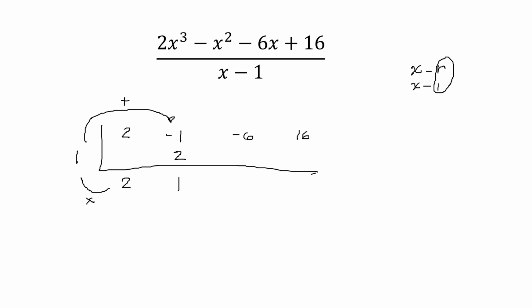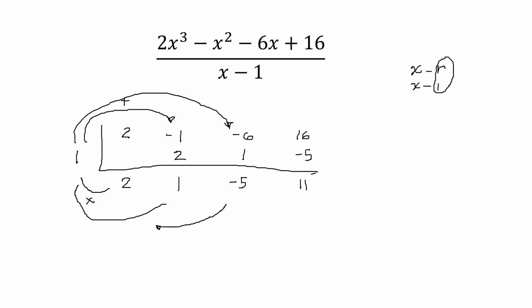Again, multiply and add. Okay? So 1 times 1 is 1. Add it here. -6 plus 1 is -5. Repeat the process. Multiply and add. -5 times 1 is -5. Add it here. 16 minus 5 is 11.